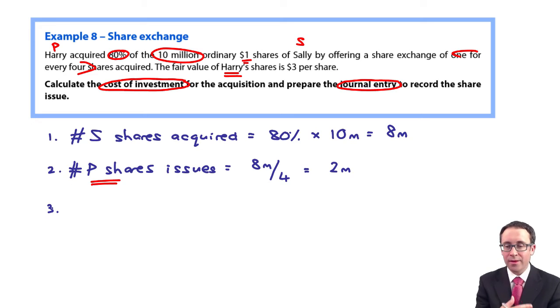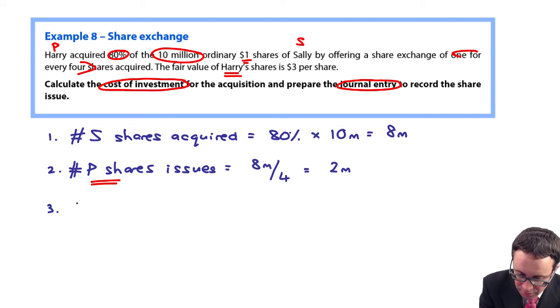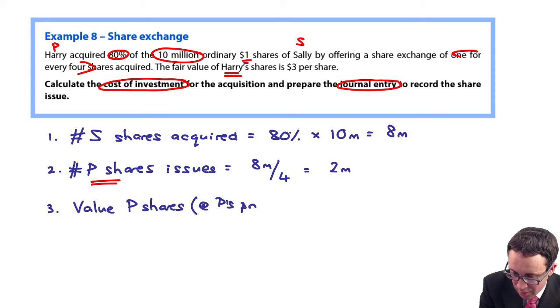Step number 3 is the answer to the first part of the question, isn't it? The cost of the investment. So we can then value the P shares. So that is at P's share price.